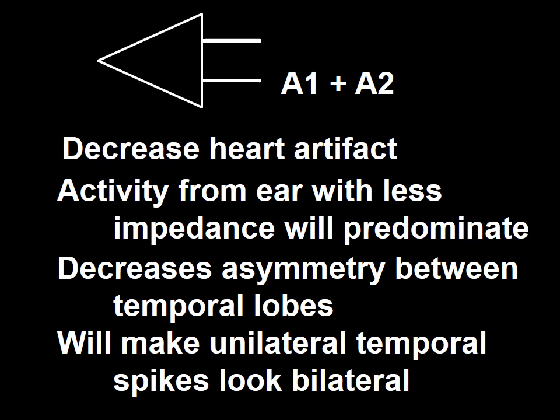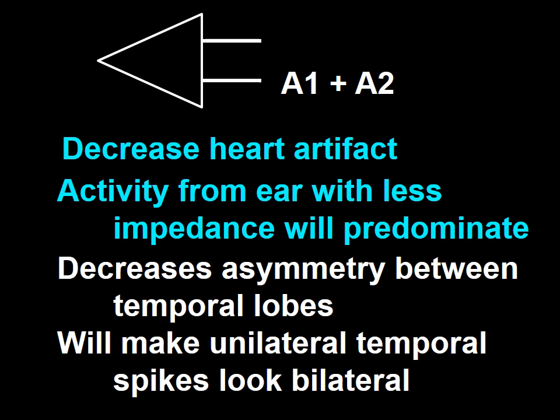This frame summarizes the good and the bad about combining ear electrodes. Combining ear electrodes decreases heart artifacts. This is good. The activity from the ear with less impedance will predominate.